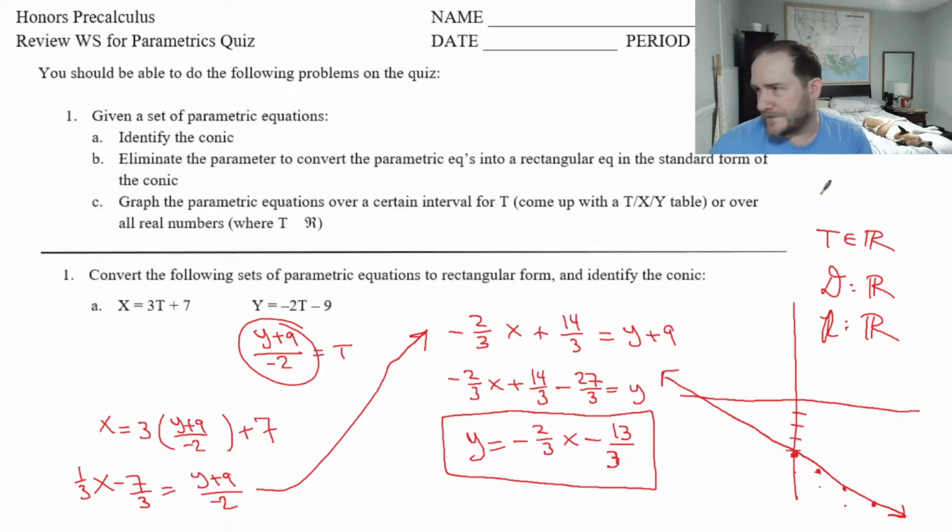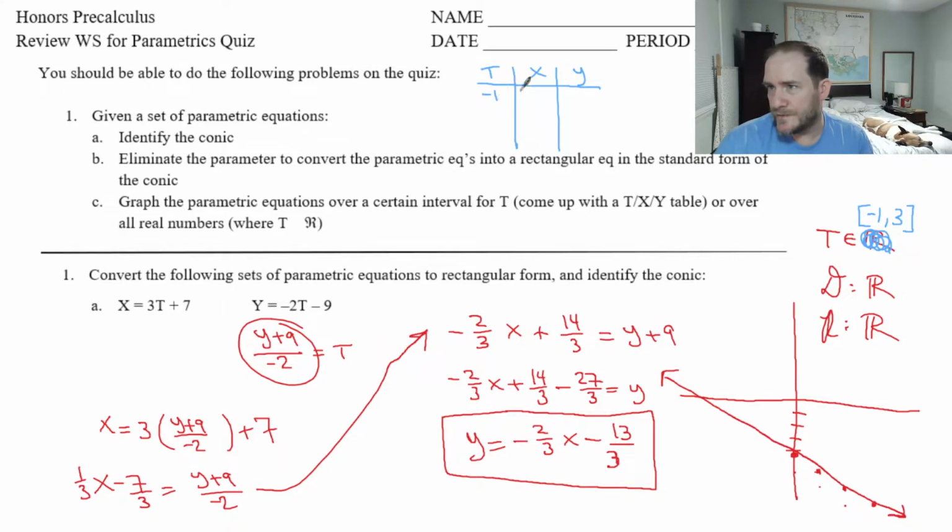And what you guys should definitely understand is that maybe it won't be that, right? Maybe instead of letting t be an element of all reals, maybe t can only go between -1 and 3. And if we only let t go from -1 to 3, then at that point you might want to build a table of values with t, x, y.